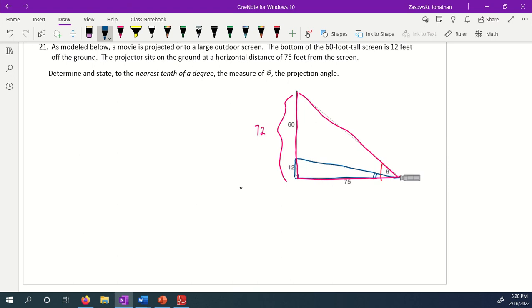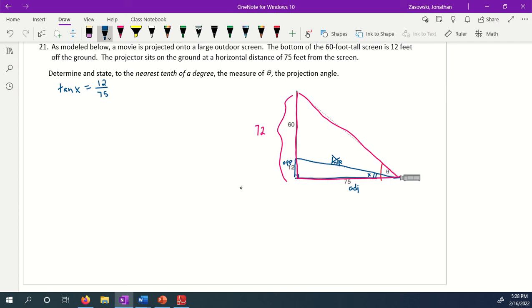So for the blue triangle, we're trying to find this angle. We'll call this one x, okay? We have our opposite leg and the adjacent leg that are given to us. The hypotenuse would be over here, which we're not using. So we're going to go ahead and do our SOH CAH TOA and use, hopefully you said tangent, okay? So the opposite leg is 12, the adjacent leg is 75.